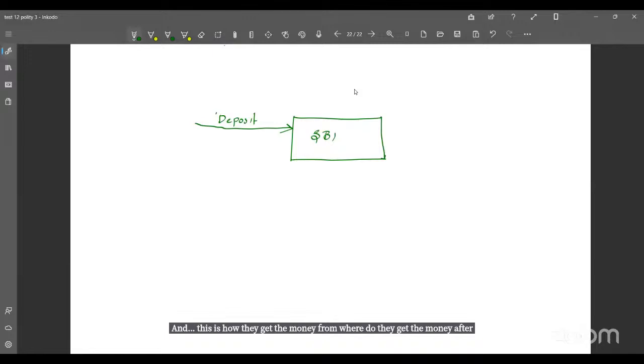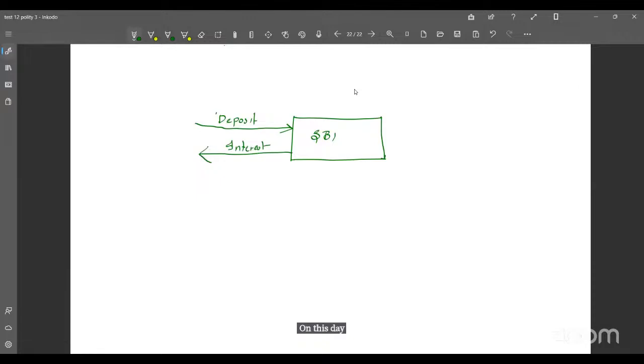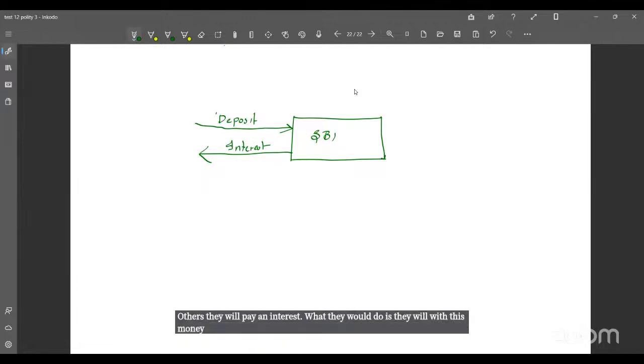They get the deposit from the people, and for this deposit, they will pay an interest. What they would do is, with the money which they get from the deposit, they loan it out. They give loans and they get interest.